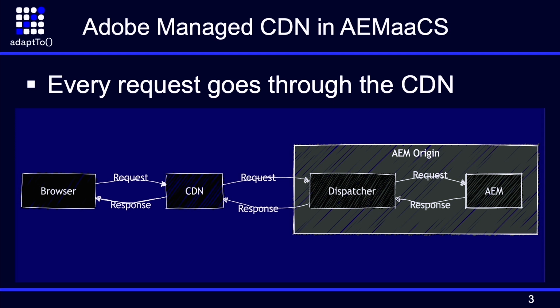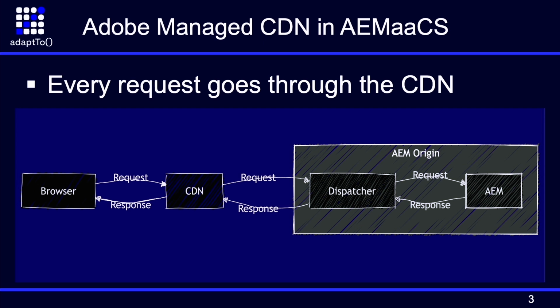And then typically for AEM Cloud Service, we have the dispatcher and AEM. This is the published view, but the author doesn't have a dispatcher. And I realized today, after hearing all these talks about edge delivery, we don't have this covered here in this diagram, but edge delivery comes also with a CDN.